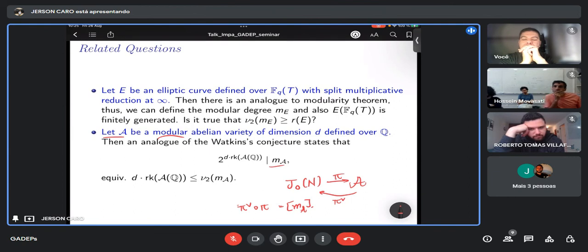This is the definition of modular degree in this case, and there is an analog of Watkins conjecture in those cases, and it says that 2 to the d times the rank divides the modular degree, or equivalently that d times the rank of this finitely generated abelian group is at most the two-adic valuation of the modular degree.